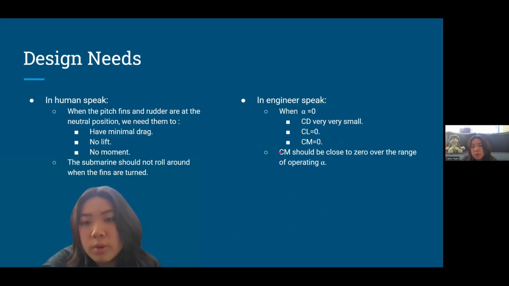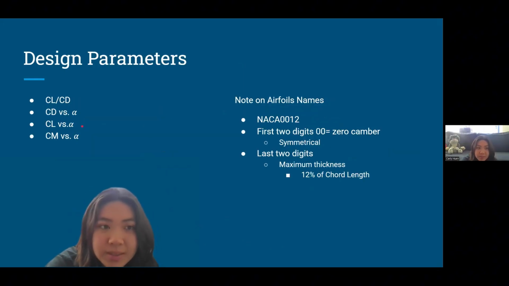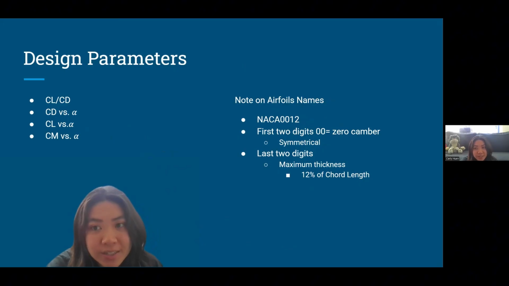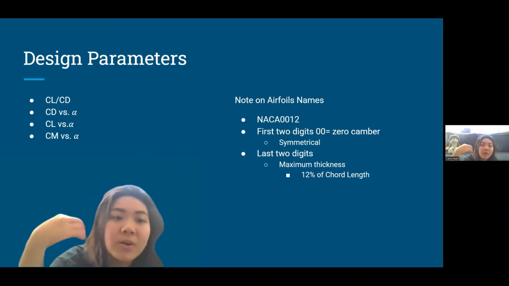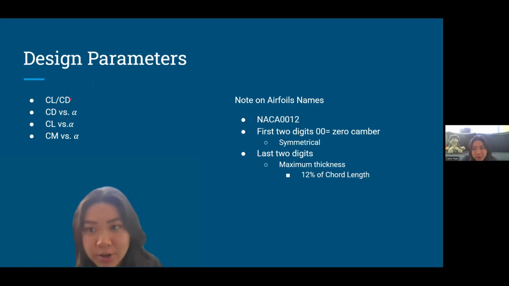Your coefficient of moment should be close to zero over the range of all the angles of attack we're going to use. That's a question for Ray, not me, because he needs to calculate the angle of attack. Okay. Design parameters we need to discuss. So we're going to talk about your coefficient of lift to drag ratio.